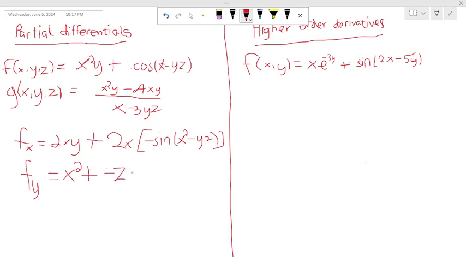Now with this negative z, you are also going to differentiate the whole function. We get negative sine of the function x squared minus yz.